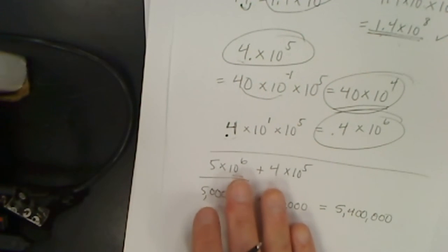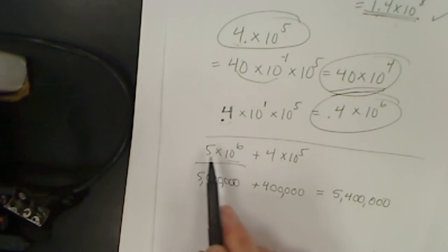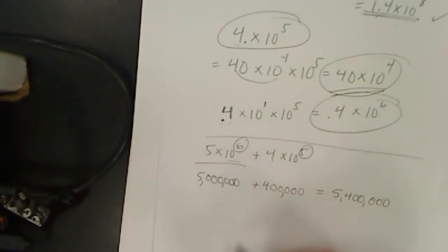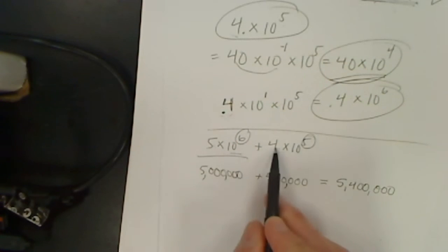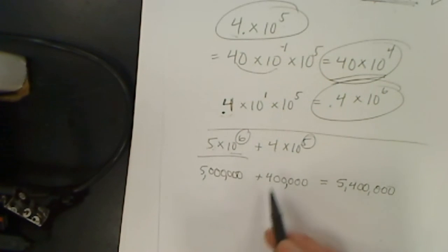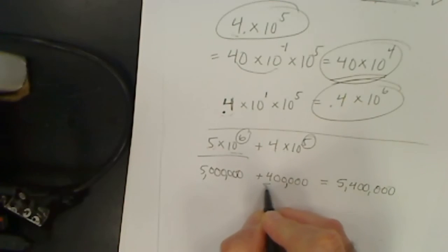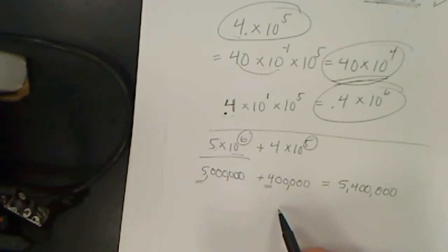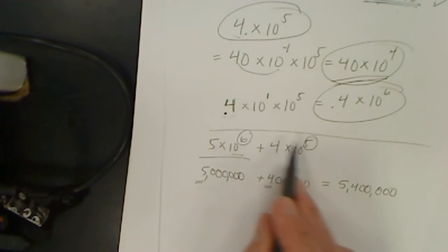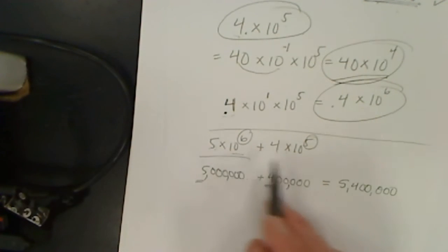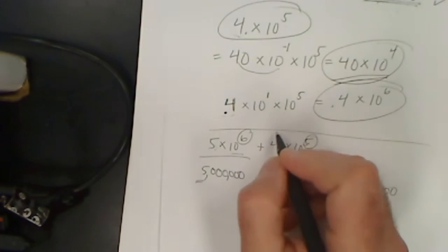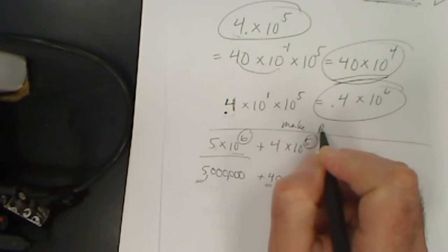Okay, now the problem is when you look at the scientific notation, if the powers don't match, we can't just add these numbers together. They don't go together. They're different places, right? This 4 and this 5 are not in the same place. So what we have to do is change one of these numbers so that the powers match.